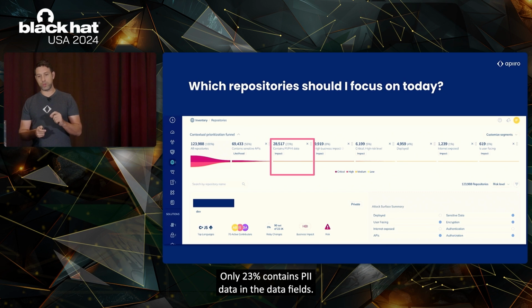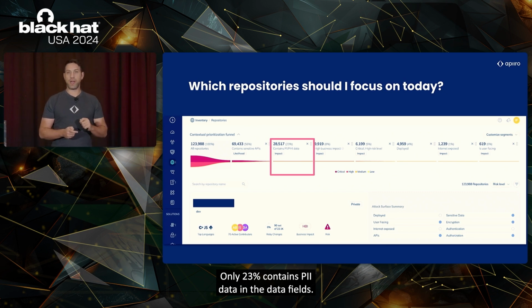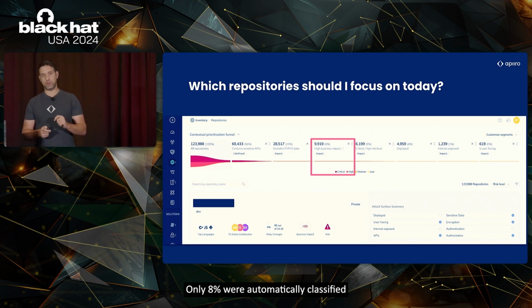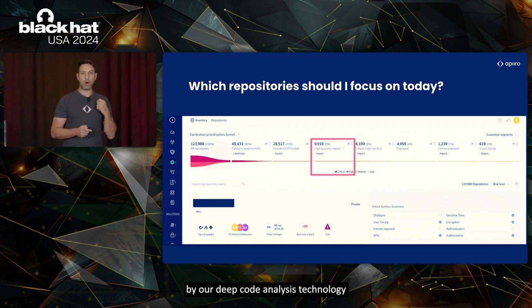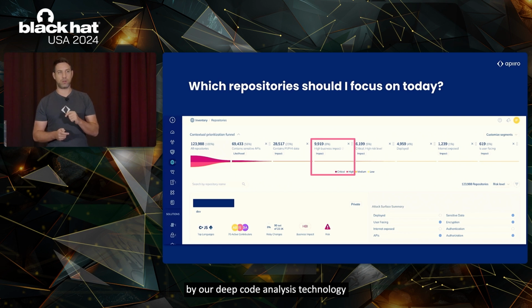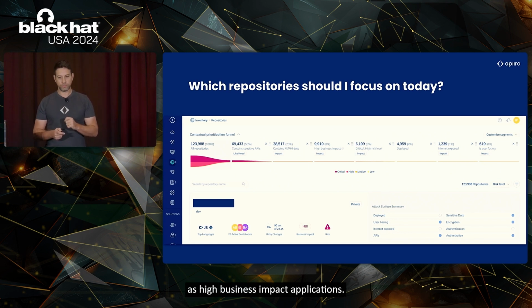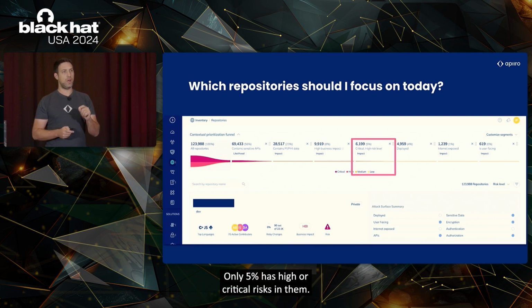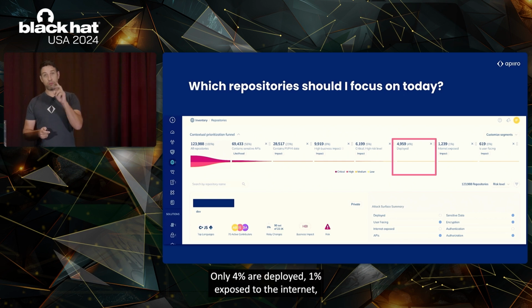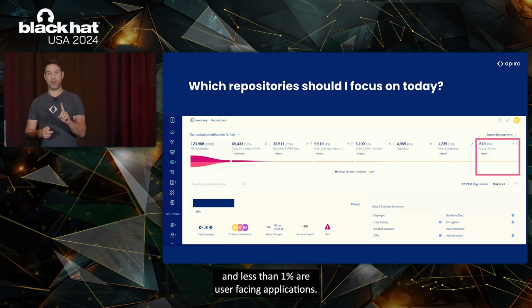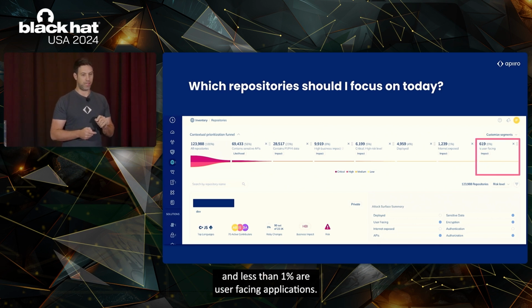Only 23% contain PII data in the data fields. Only 8% were automatically classified by our deep code analysis technology, which I will talk about in a second, as high business impact applications. Only 5% have high or critical risks in them. Only 4% are deployed, 1% exposed to the internet, and less than 1% are user-facing applications.